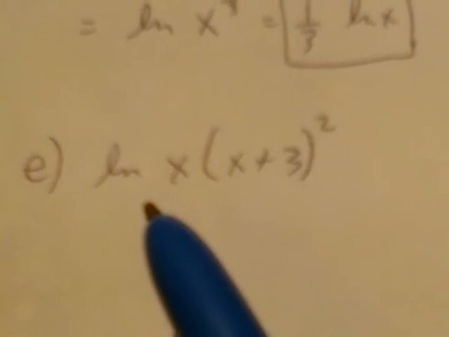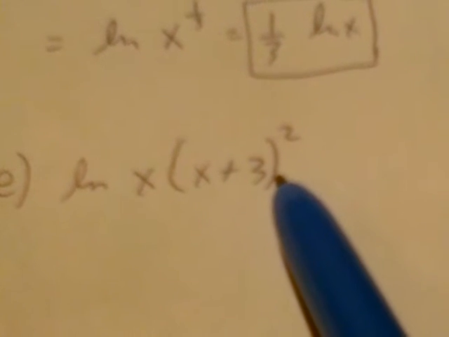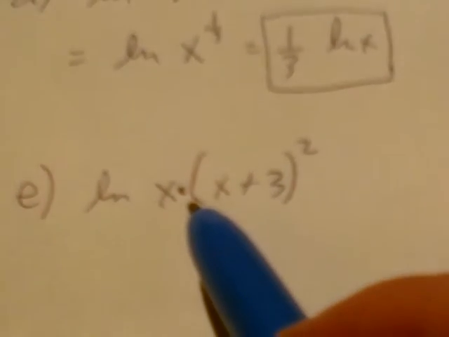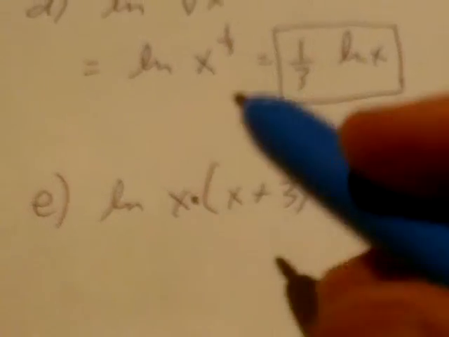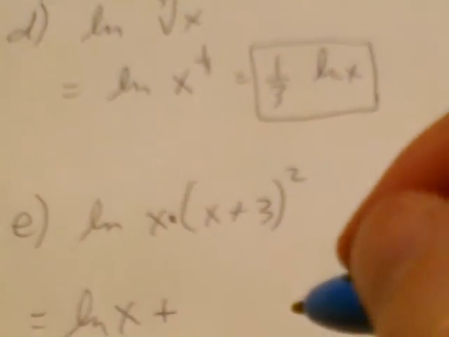Alright, things get a little more complicated with this one. And here, the way I think of this is I see an x times another thing, x plus 3 squared, or another expression. So I'm going to use the idea that this is a multiplication, and I'm going to expand that multiplication into an addition piece. So I got the natural log of x, ln x. Remember, when we multiply, we add the things.